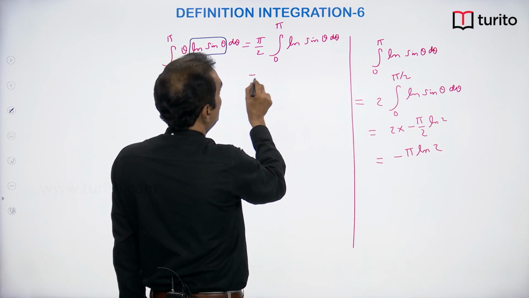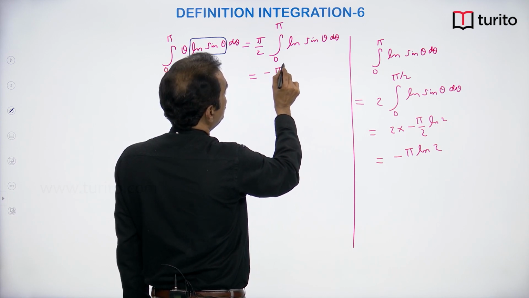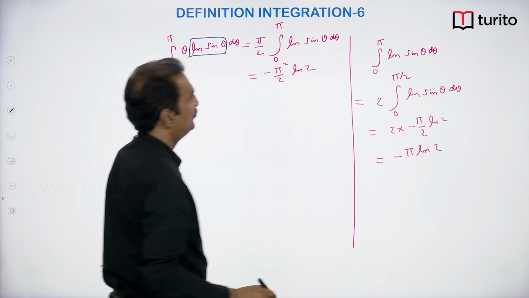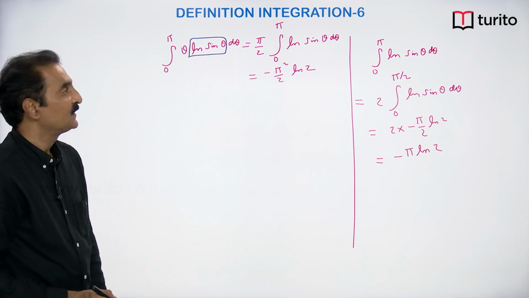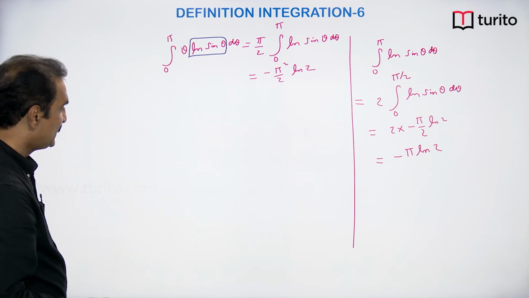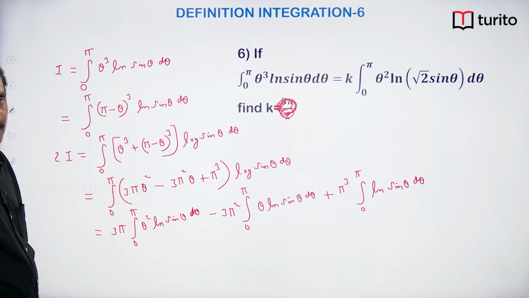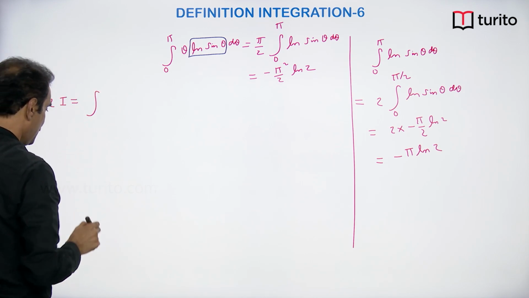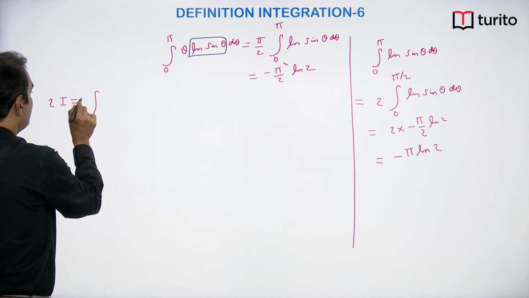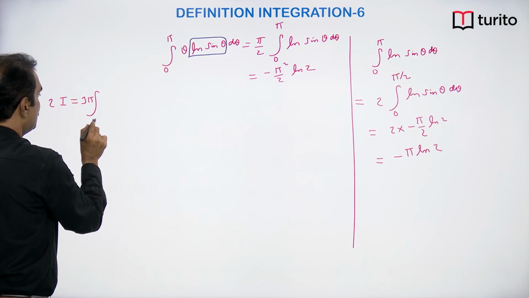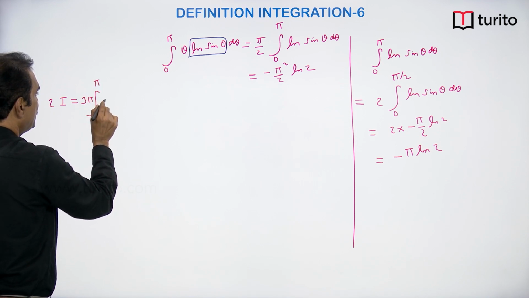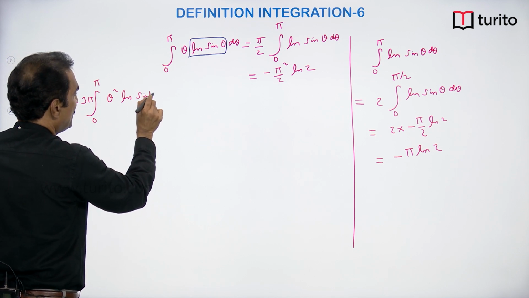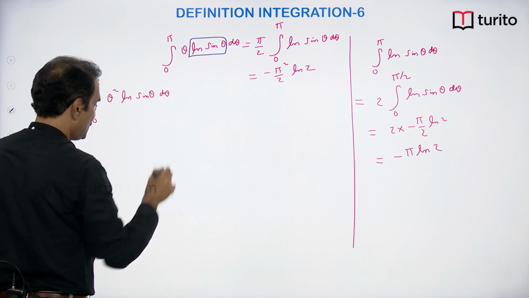So substituting here, minus pi square by 2 log 2. Okay. Now let us substitute these two in the previous step. 2I is equal to 3 pi integral 0 to pi theta square into log sin theta d theta.